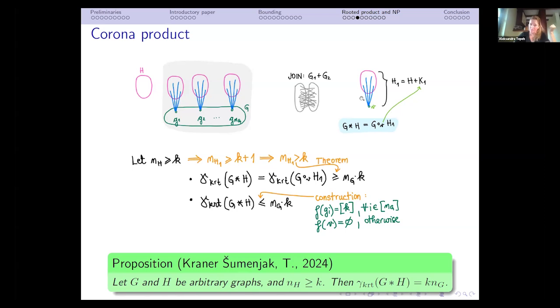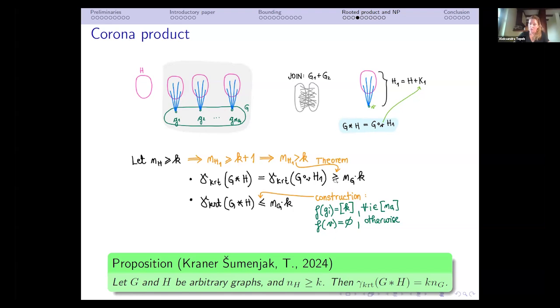Yeah, so this graph can be seen as the join of H and this singleton graph. If we take this singleton, this vertex V, as a root, then we see that these two things coincide.